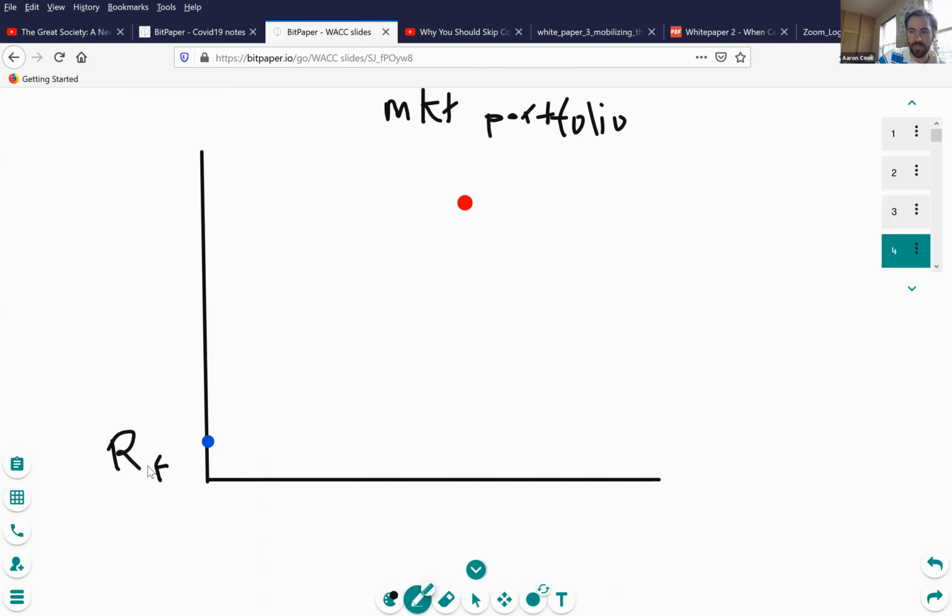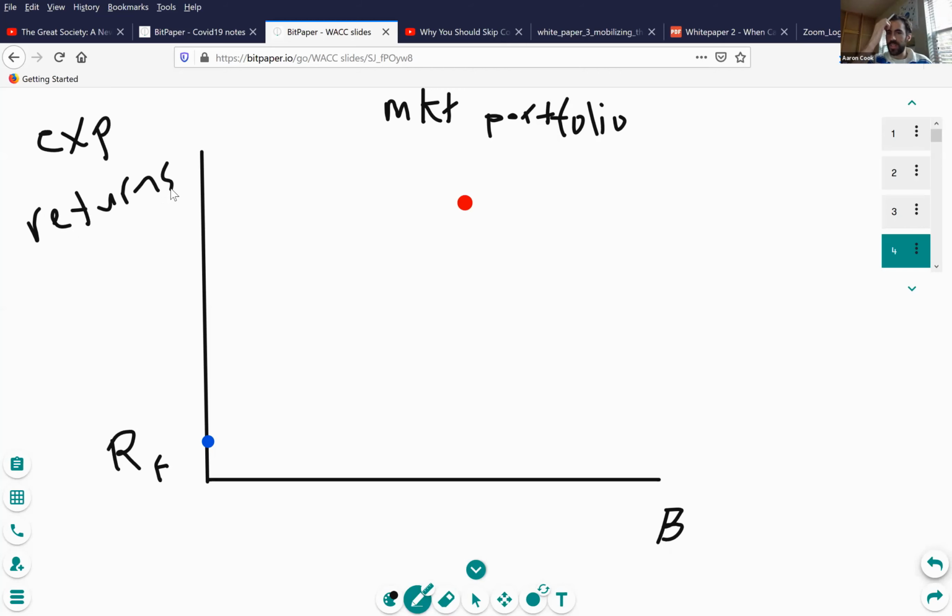Risk-free asset is that blue. On the x-axis, I'm going to say that this is the beta of an asset. This is the degree of co-movement between a particular asset and the market as a whole. And then up in the top, on the y-axis, we have expected returns.